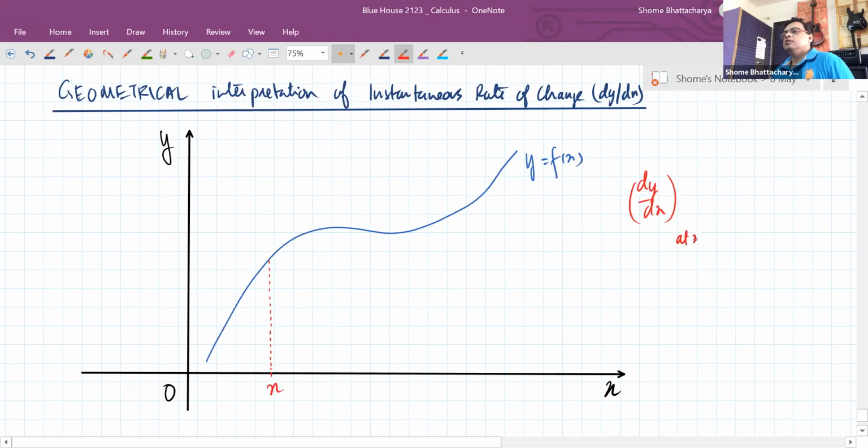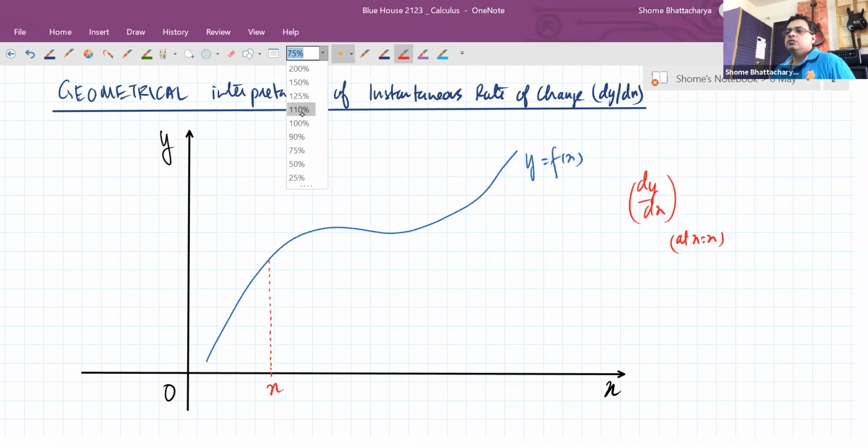Okay. At some value of x equal to x over here. So geometrically, what I have to do is literally this. First of all, you can see that this point has some particular y coordinate, and x and y satisfy this relation that y is equal to f of x. Now I have to zoom in as much as I can.